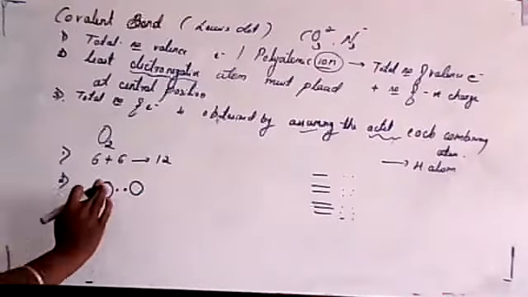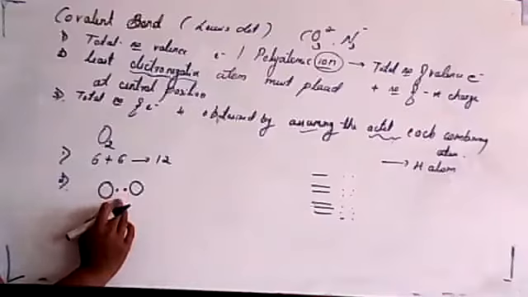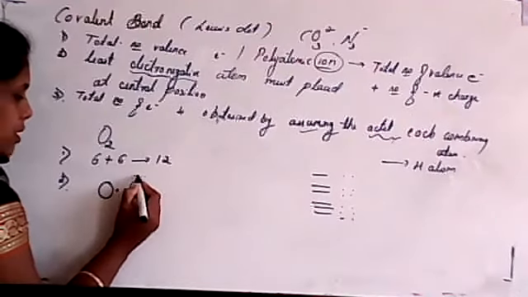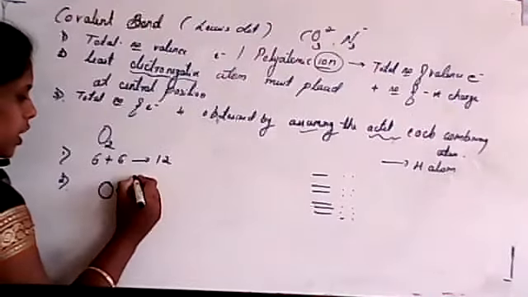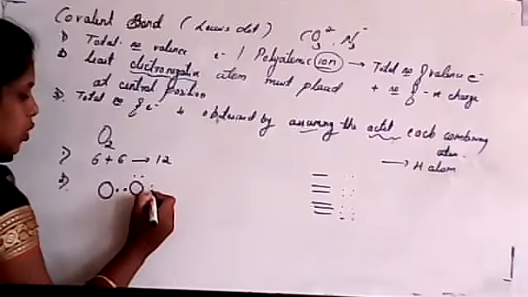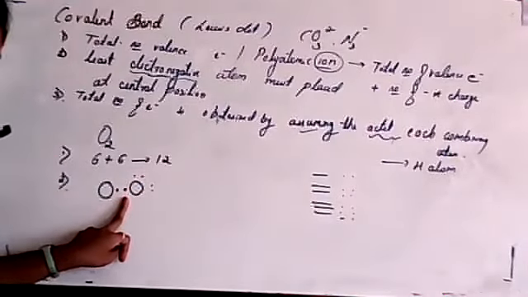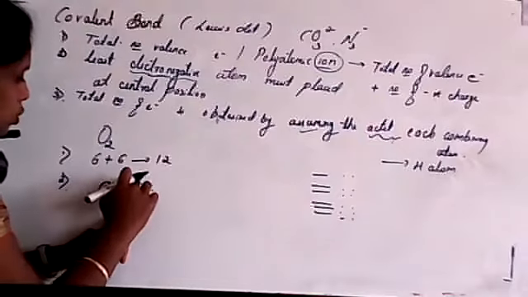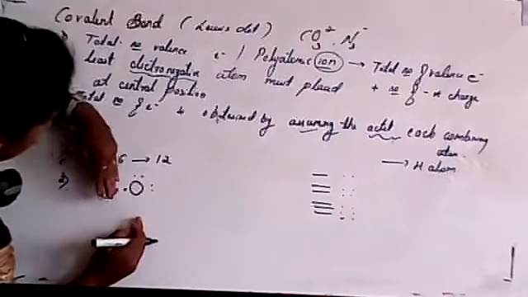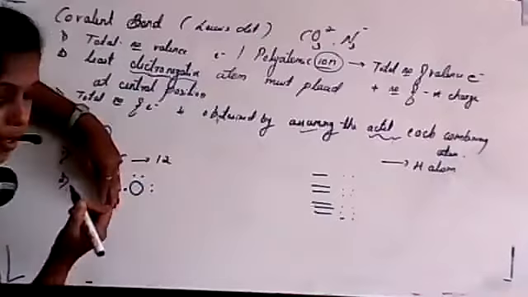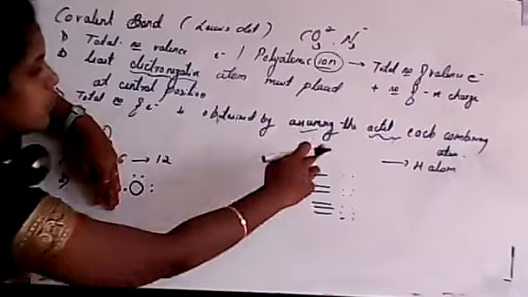So now I'll share those 12 electrons. First one, 1, 2, 3, 4. That means 6 is from 1 oxygen, isn't it? 1, 2, 3, 4, and this one is 5, isn't it? Is there an octet?